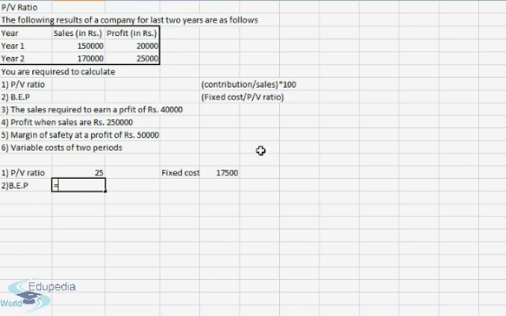So we divide the fixed cost by the PV ratio, that is 25 by 100, and we get the break-even point in terms of amount or in terms of currency. So we need 70,000 rupees of sales for break-even.